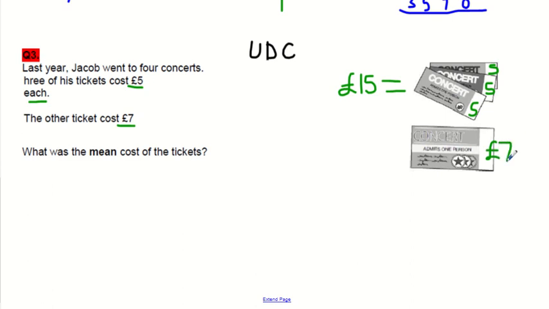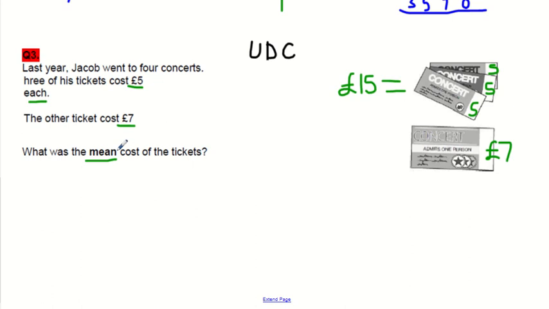Now, if you didn't have these tickets here, Year 6, you could always draw them at home just by using a little square to represent the tickets, or a circle, or however you picture them is fine. Remember, jottings and drawings can really help us to understand how to calculate. Now, it says, what was the mean cost of the tickets?